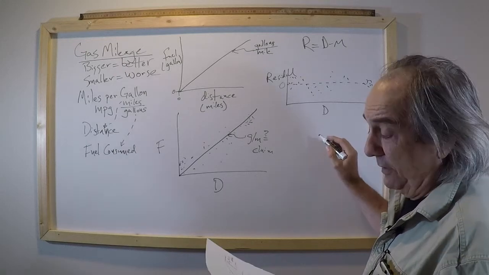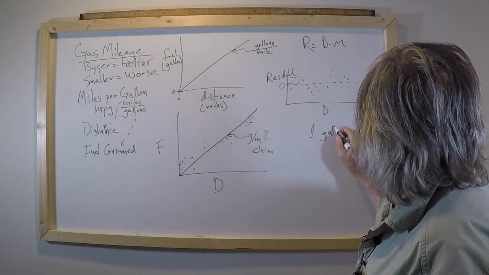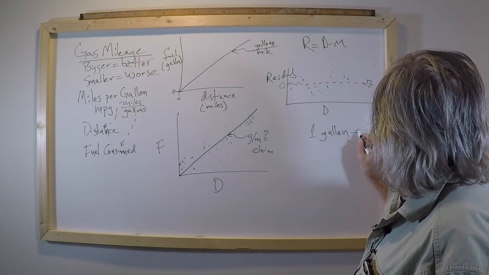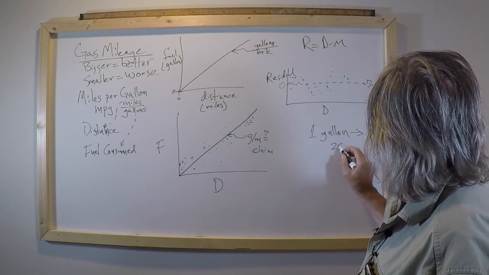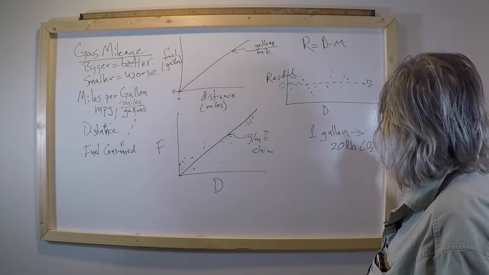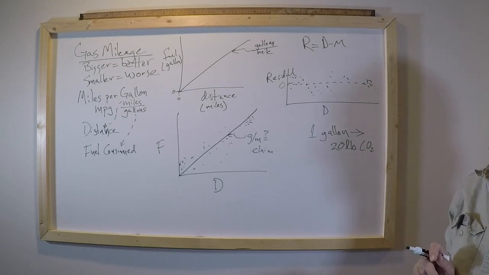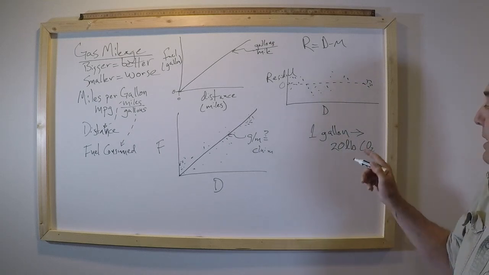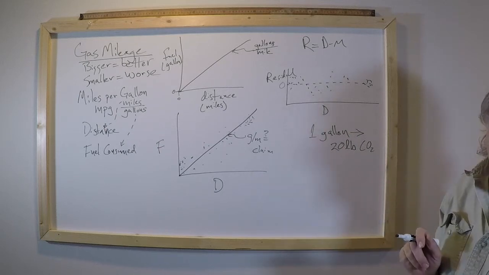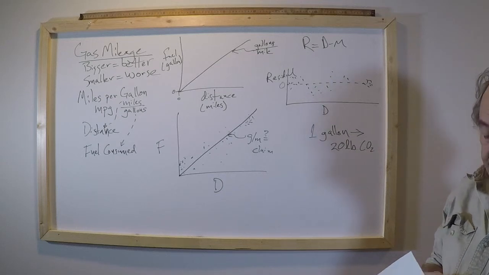It turns out that 1 gallon of gasoline releases about 20 pounds of CO2. So if you have a car that gets 20 miles to the gallon, for every mile you drive, you put 1 pound of carbon dioxide into the atmosphere.